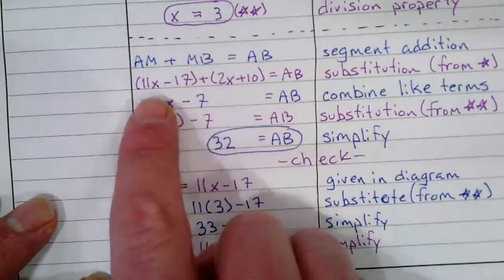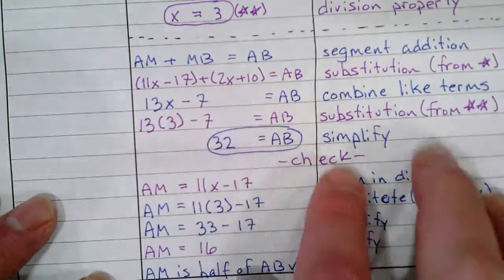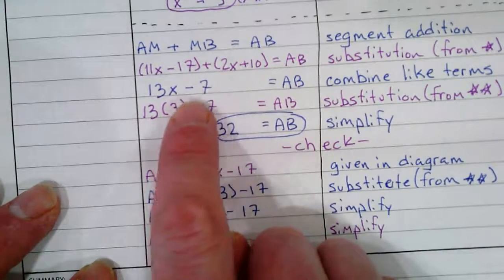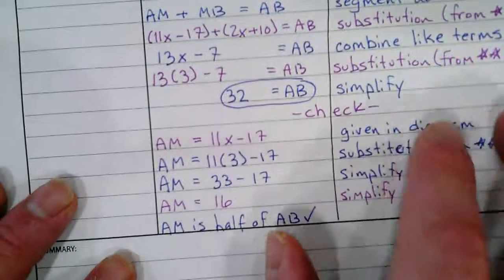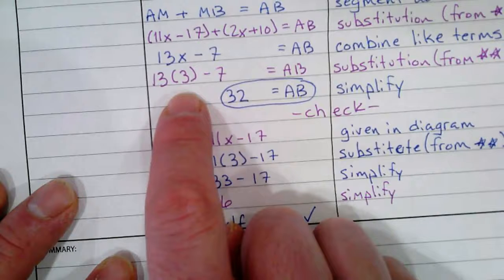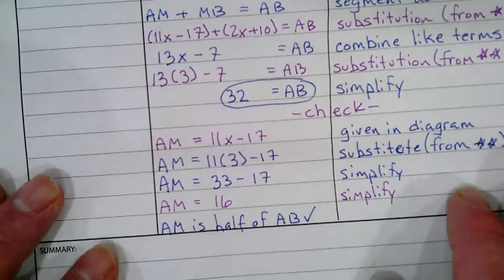Then we did our substitution from the original star there. We replaced AM and MB with our two expressions. We then combined like terms to simplify that to a single expression, and then we substituted 3 for x. Once we did that, we simplified and found that AB was 32.